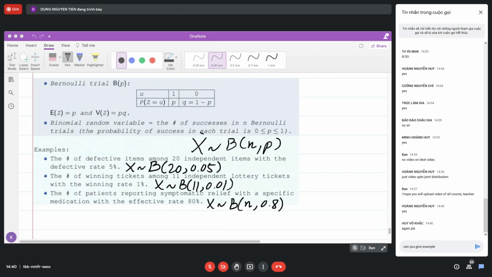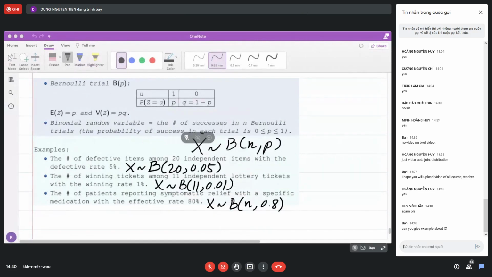Okay. Again, this is just to give you an example about x. You just count the number of items. Maybe we can move on, and then you will see the main idea when we try to solve some problems. It's just like you play several games.